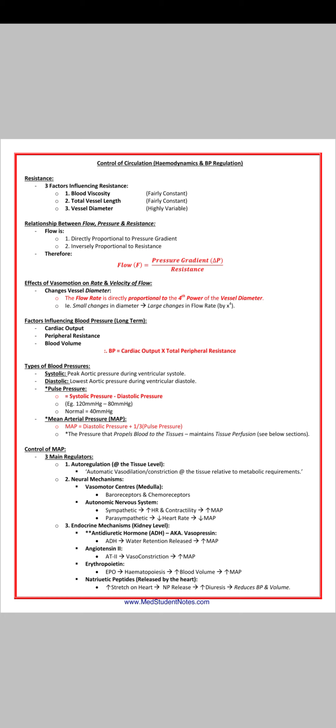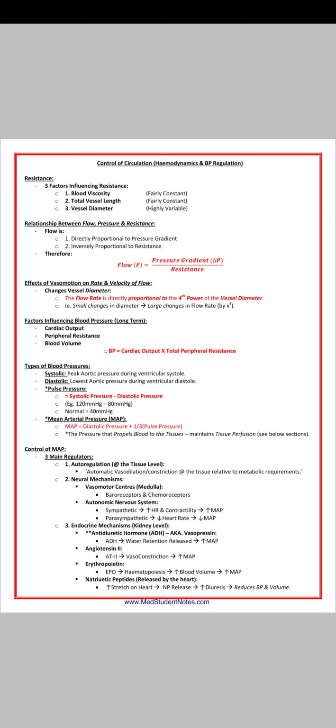Next is the parasympathetic. Parasympathetic is simply the opposite of sympathetic. So it decreases the heart rate and it decreases the mean arterial pressure. So that is the three regulation of mean arterial pressure. In the neural mechanism there are 2 points, vasomotor centers and the autonomic center.